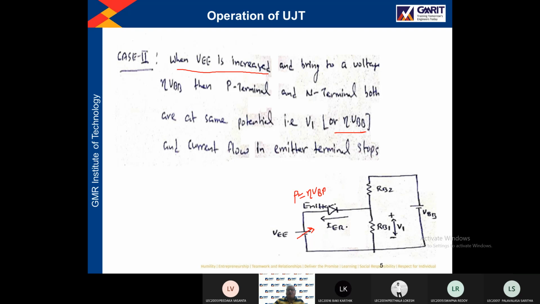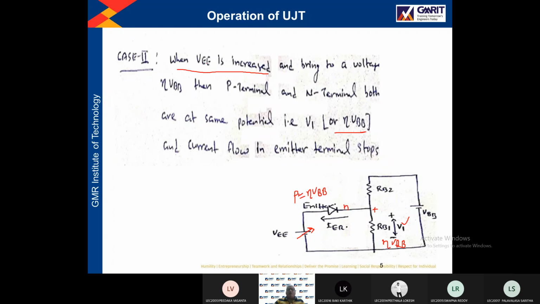This much voltage, right? Because this is the N terminal, and the N terminal voltage is V1. This is positive and equal to V1. And what is V1? V1 is eta VBB. So now we have increased the VE voltage so that the P and N terminals are both at the same potential. So the current flow will stop.